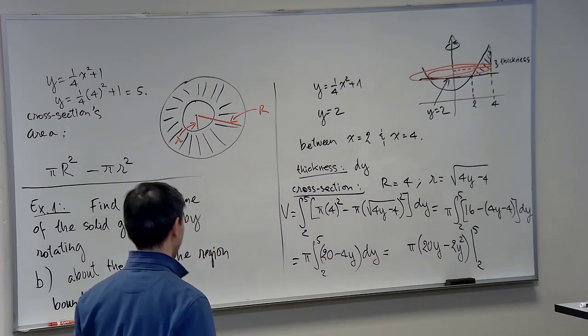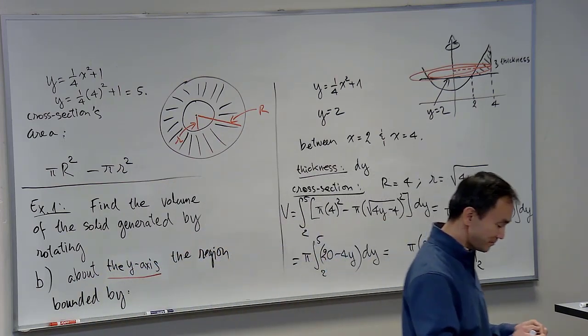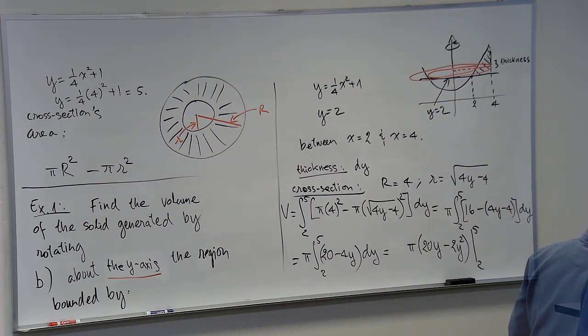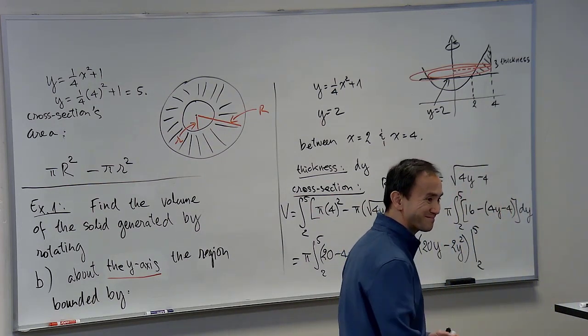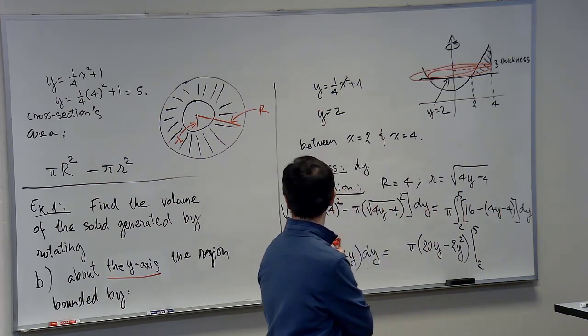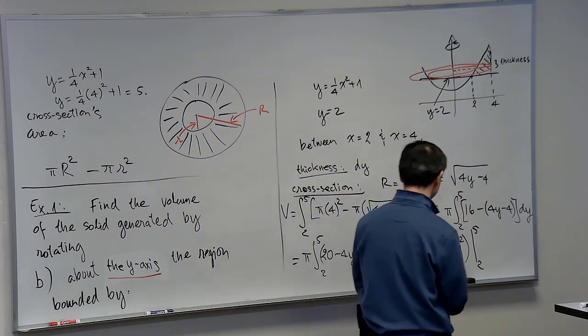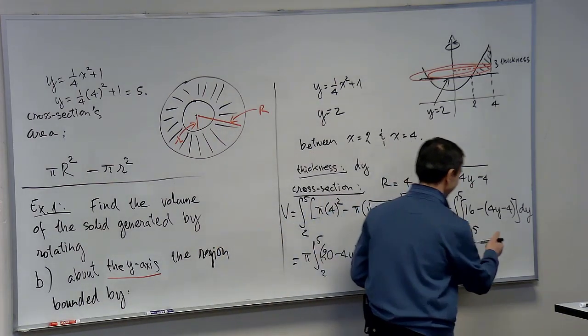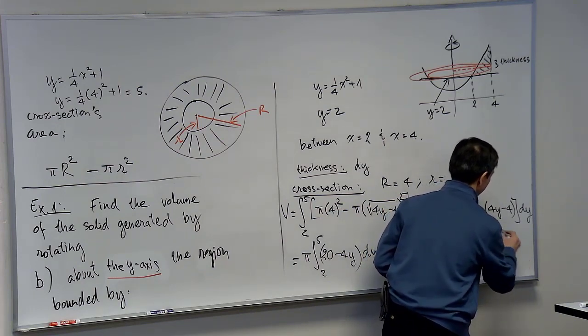So now you can go ahead and take your time calculating that. All right, anyone? I got 18 pi. I agree. 18 pi.